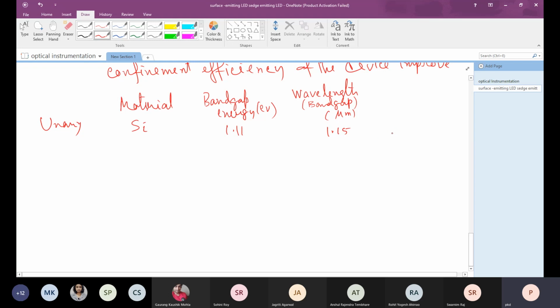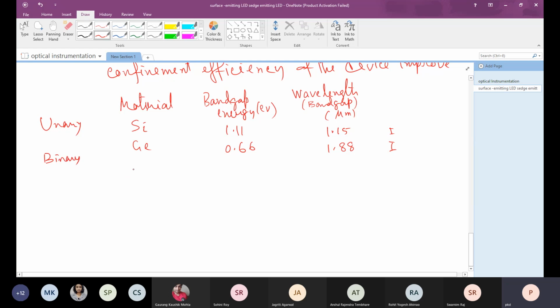However, this is an indirect band gap semiconductor. Similarly, germanium, another popular detector material, is 0.66 eV, and it can go a little more into the infrared, 1.88 micrometer. This is also indirect band gap, so they are not used for sources.